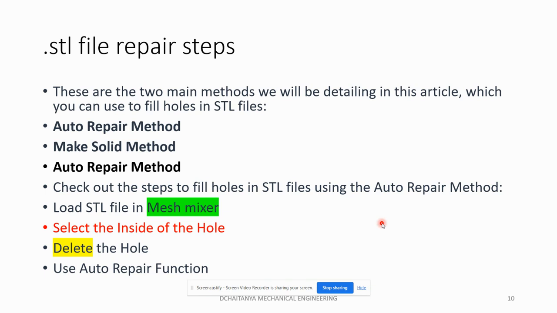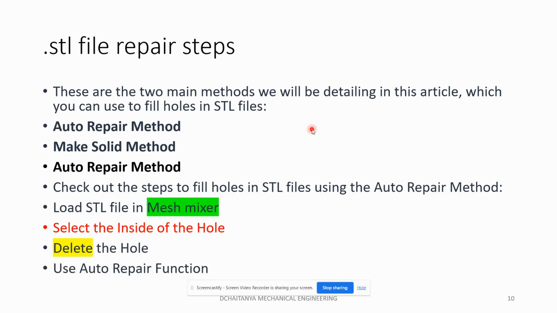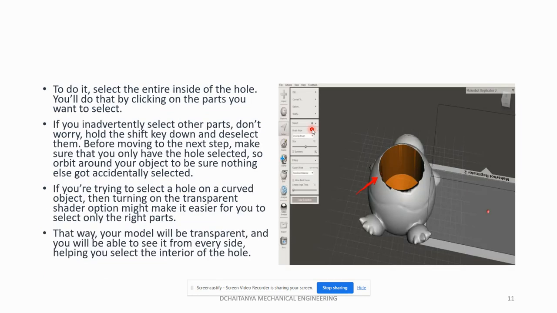You have to load the STL file and go for mesh fixture, where you have to select the particular hole. This is one of the errors, so you need to refill it, and you can delete the option by using simple terms given in the software.